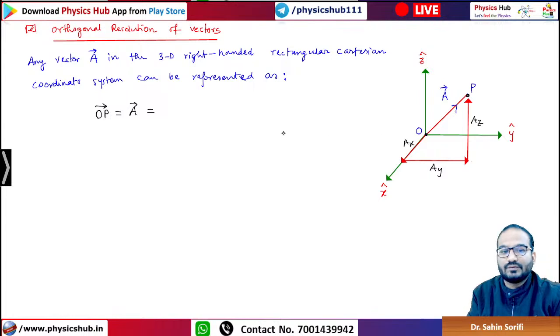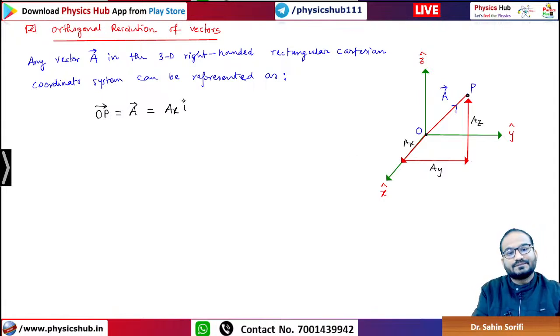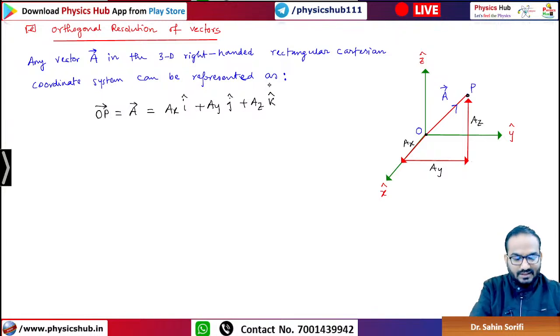You started from O and reached P via ax, ay, az. So these are the components along the x-axis, y-axis, and z-axis. We write it this way: ax i cap plus ay j cap plus az k cap, right?